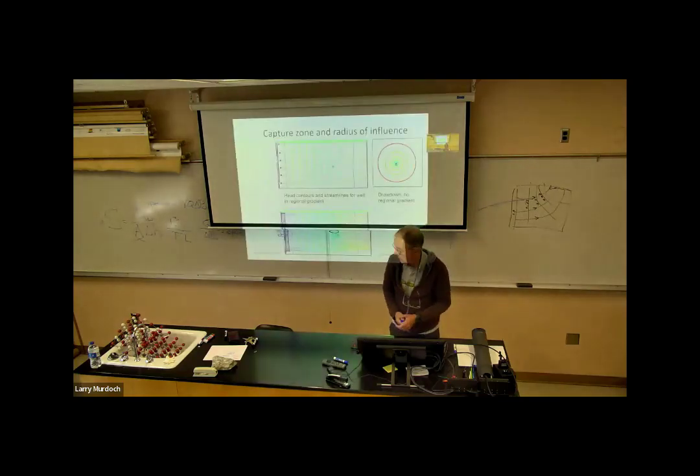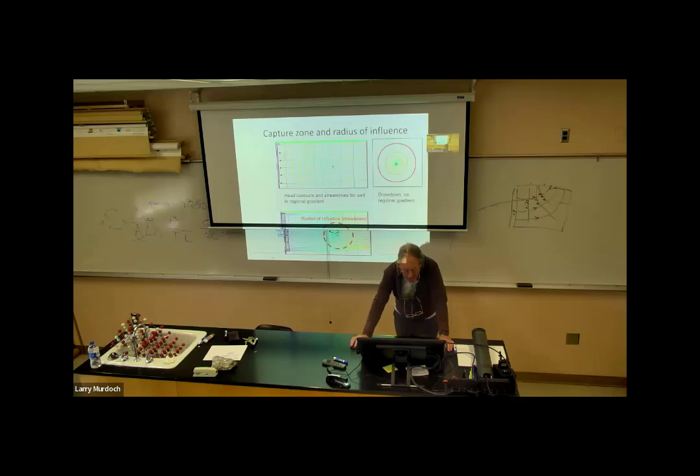All right, let me just end with one last concept, and that's the capture zone of a well. So here's just a simple example. These are some flow lines and equipotentials. And what we're interested in is the region where recharge would end up going to the well. So this right here is the radius of influence.